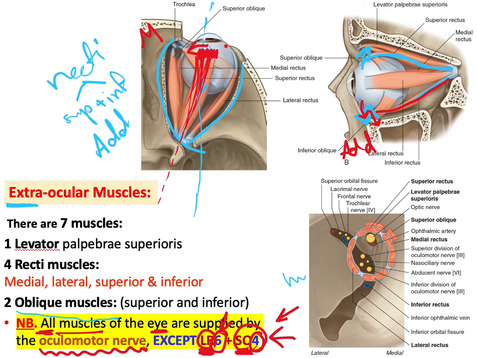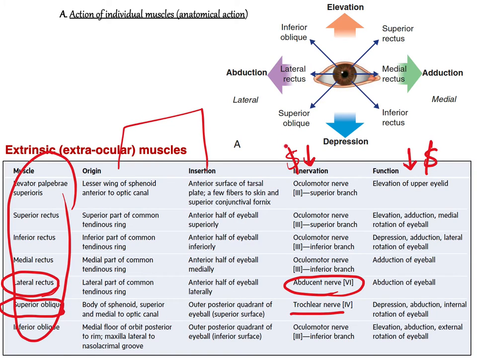That means the eye pole is medially rotated, not just adducted, but medially rotated, right? So this is about the superior rectus, and back again here. So this is the superior rectus. It elevates the eye, it adducts the eye, and it medially rotates the eye.